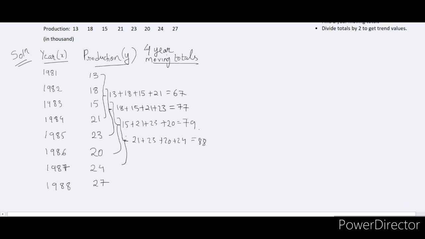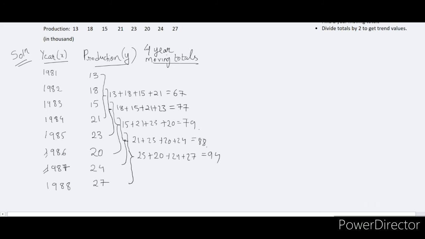And the next group of 4 years, 1985, 86, 87, 88. In this group, we know that 1986 and 87 are the middle years, so the 4-year moving total will lie in between these years. So 23, 20, 24 plus 27, which will give us a total of 94.